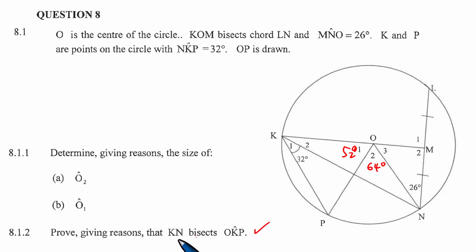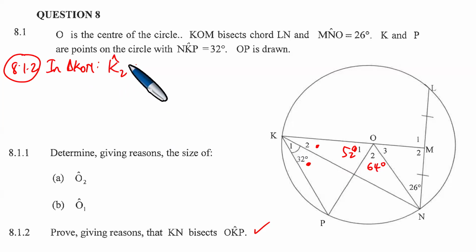Prove, giving reasons, that KN bisects angle OKP. So that in the end, we can note that if you add all these angles in the triangle, in your attempt to do 8.1.2, you can tell the examiner that in triangle KON, you add everything.